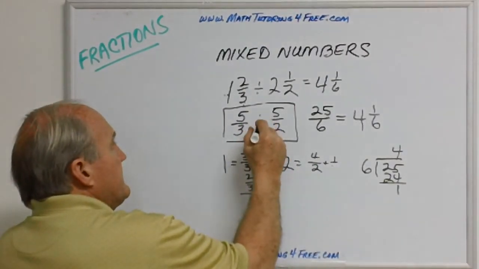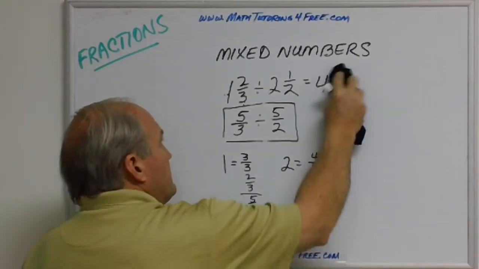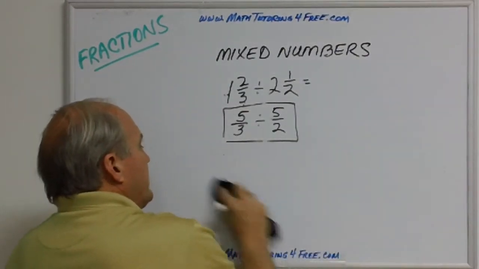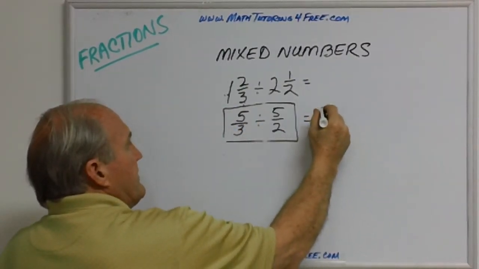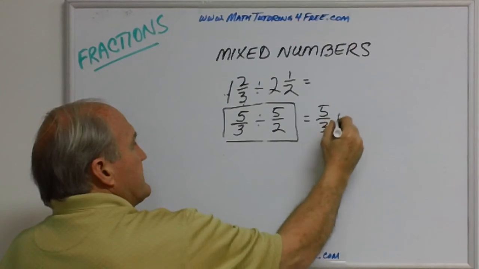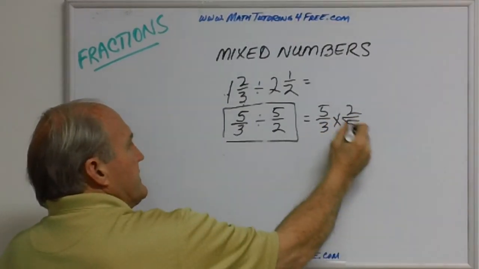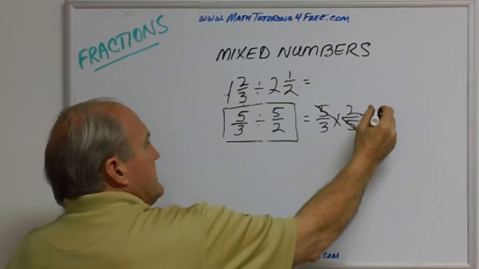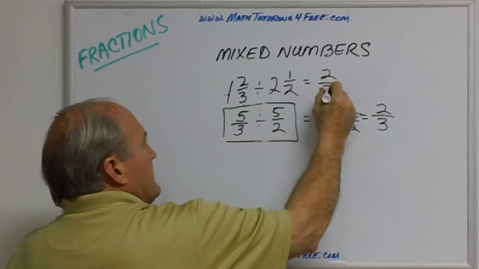It's division, so what do we say about division of fractions? We invert and multiply. So that then becomes 5/3 times 2/5. Conveniently, the 5's cancel, and if it's division, the answer is 2/3.